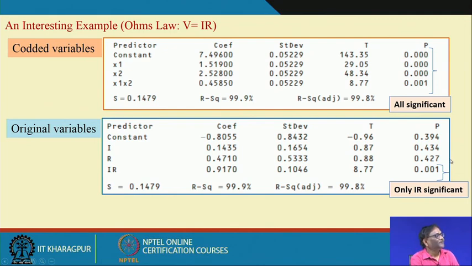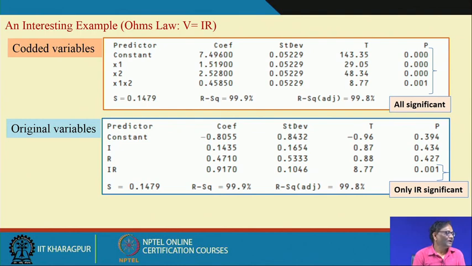So you do not consider the intercept and the main effects, only the interaction term, and do the regression once more. You will find that the coefficient of IR will be almost 1. That satisfies the physical law, which is not satisfied here. So this type of issue will arise.